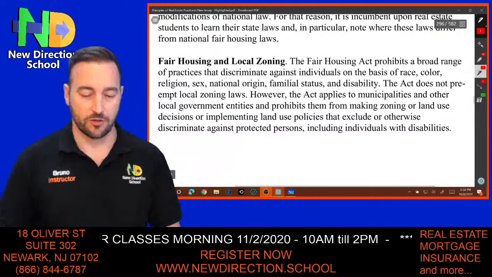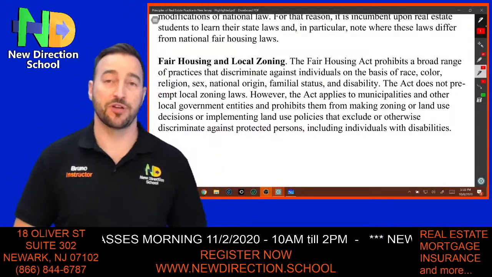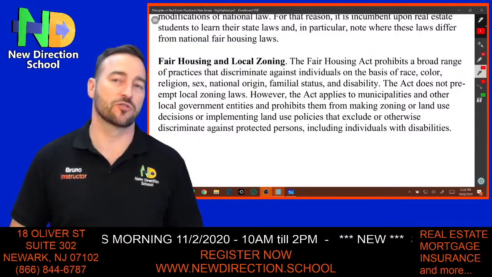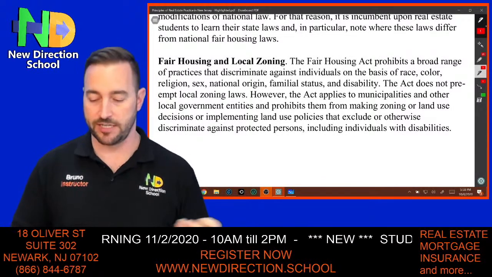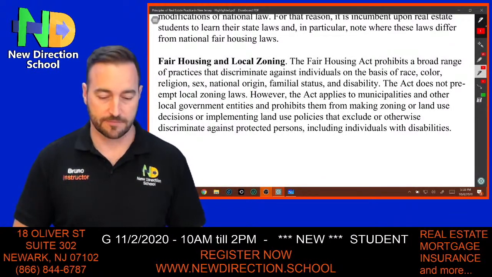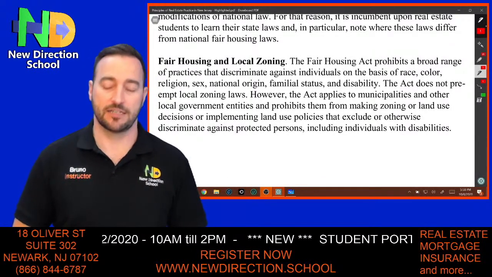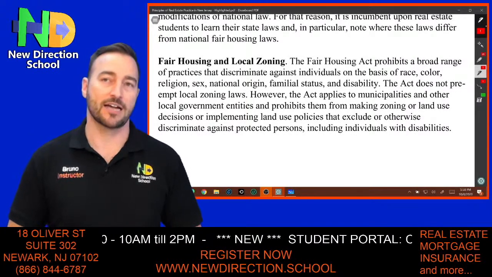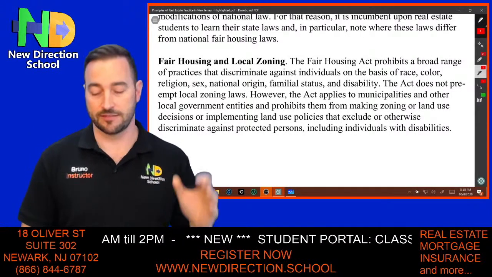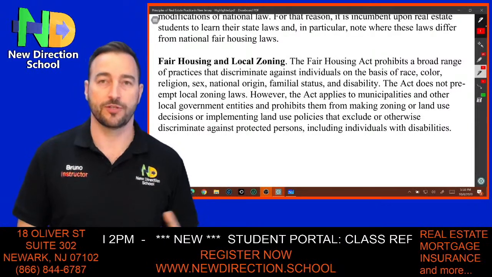We have fair housing and local zoning. The Fair Housing Act prohibits a broad range of practices that discriminate against individuals on the basis of race, color, religion, sex, national origin, familial status, and disability. But the federal act does not preempt local zoning laws.